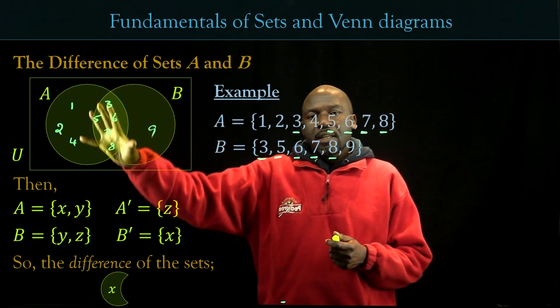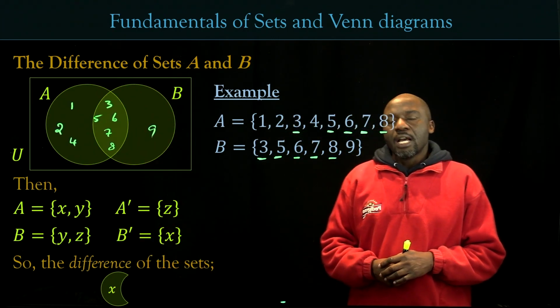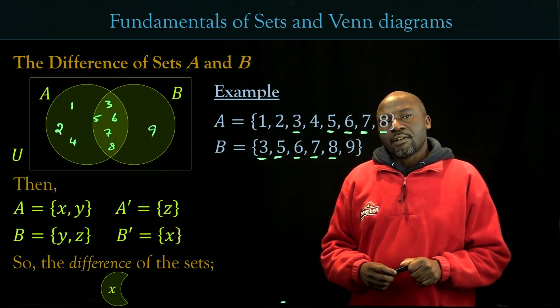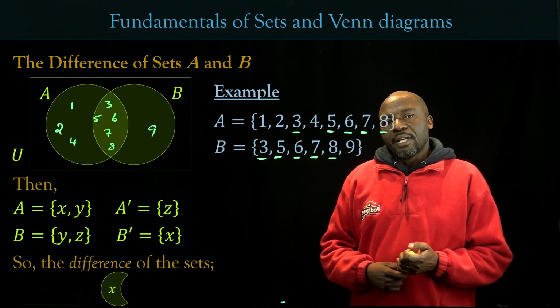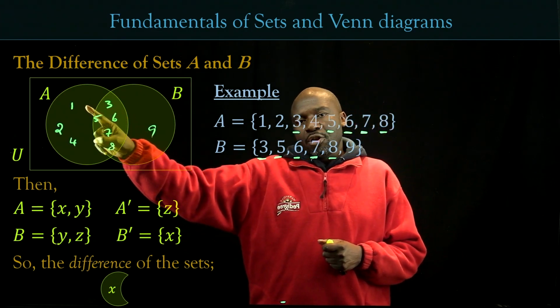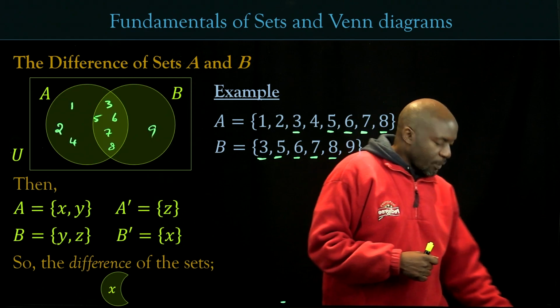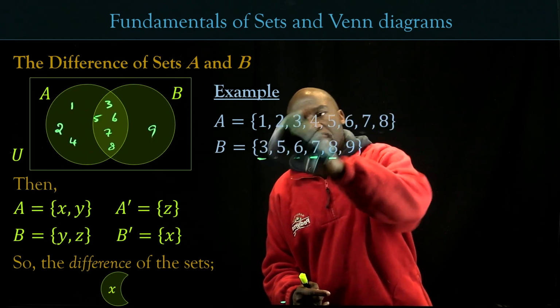And now with that information, if I use the definition of the difference of the set, I can see that the elements that are in set A but not in set B are 1, 2, and 4. Okay? So therefore, I can write, let me remove this.